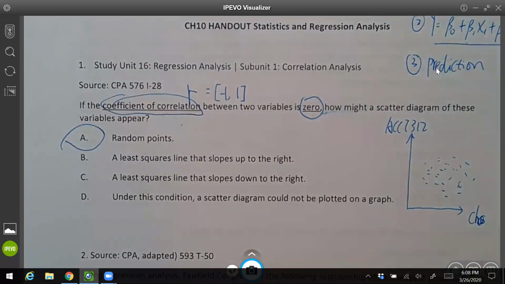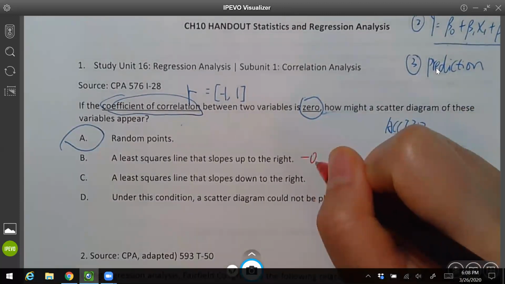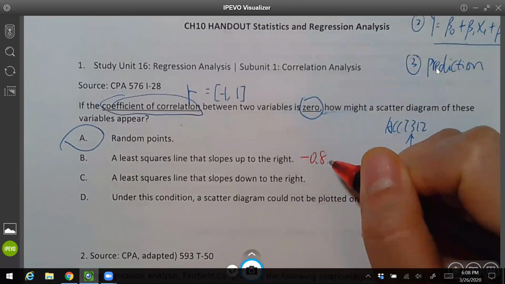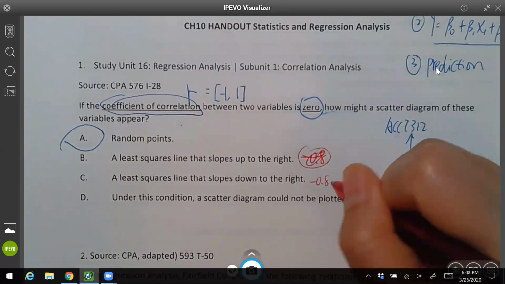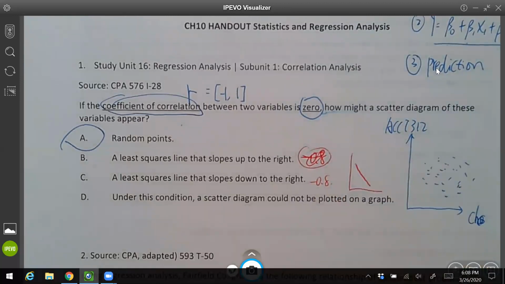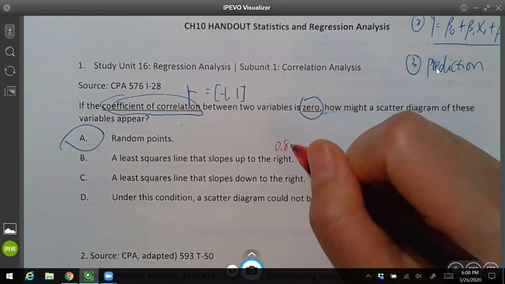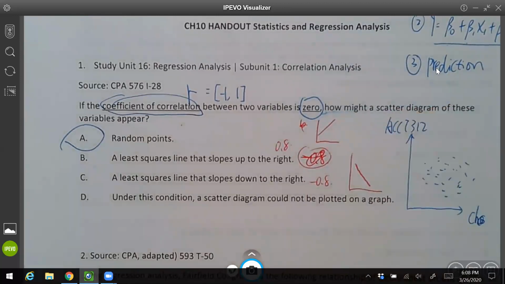But if it's negative, let's say it's -0.8, that means it's strongly negatively correlated. If it's +0.8, that means it's strongly positively correlated. I believe you should have gotten this from statistics classes or other classes.